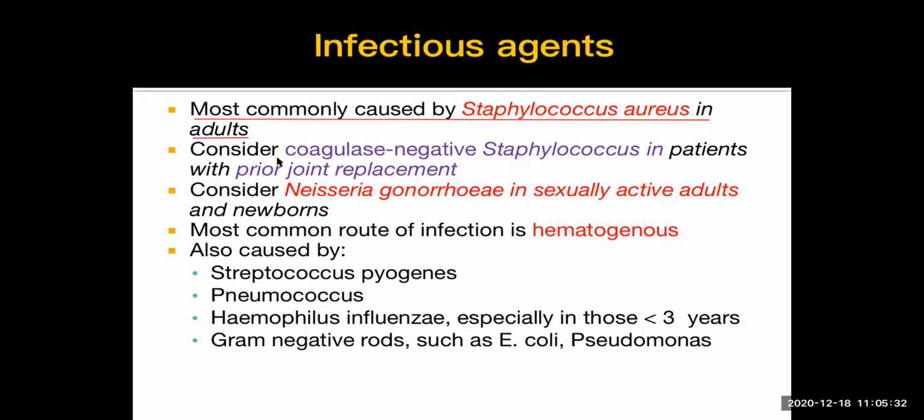We need to consider coagulase negative Staphylococcus in patients with prior joint replacement. Now, let me explain about this. Coagulase negative Staphylococcus, one good example is Staphylococcus epidermidis. Now, this is a common commensal of our skin.